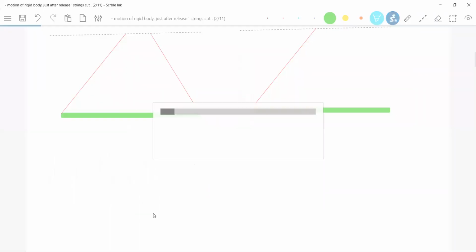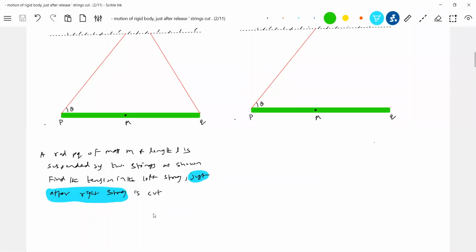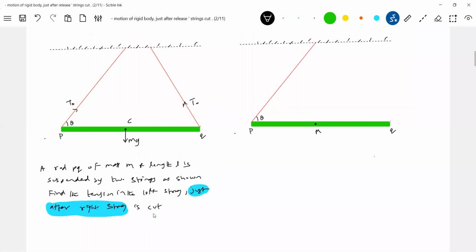Again, we are going to proceed with the same method. So initially, this is the weight mg, center of mass. So there's a tension T naught and T naught, let it be that one. Then the moment I cut the string, what will happen? The weight mg will act.